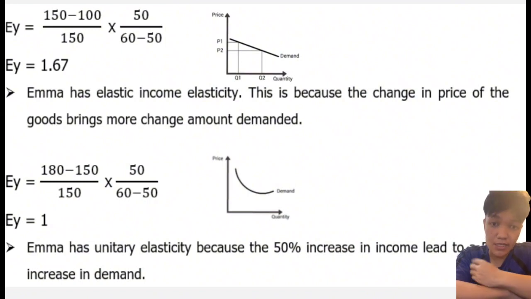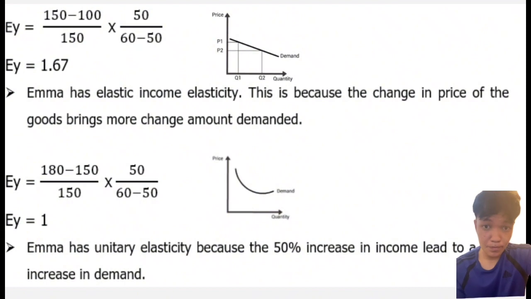So here is the outcome after we put all the values in the given formula. As you can see, Emma has elastic income elasticity based on the calculation.